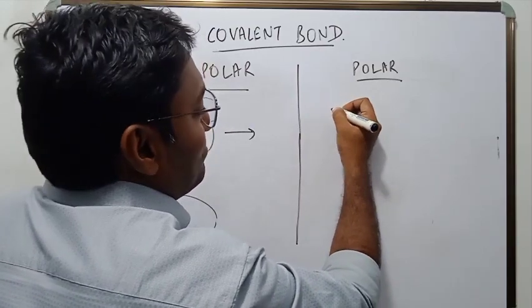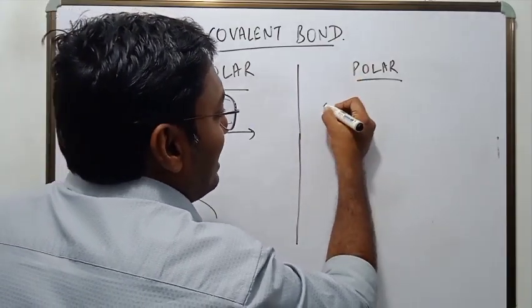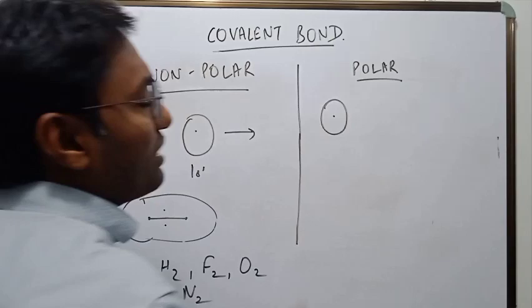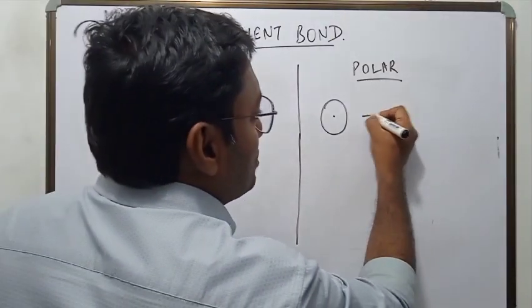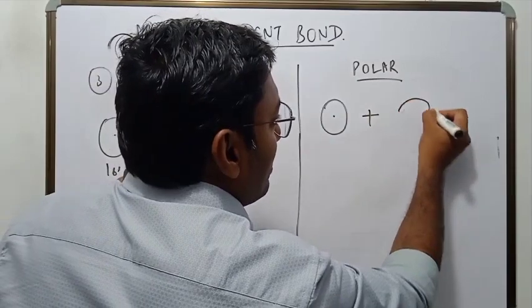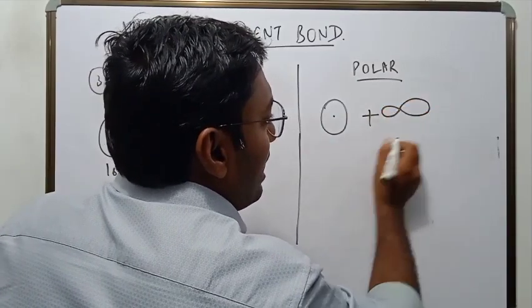Non-identical atoms come close to each other, they approach each other, and what happens?